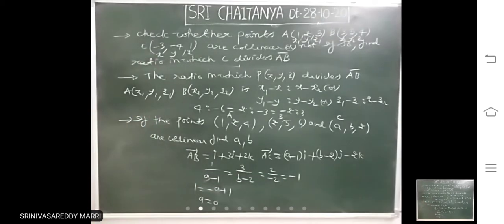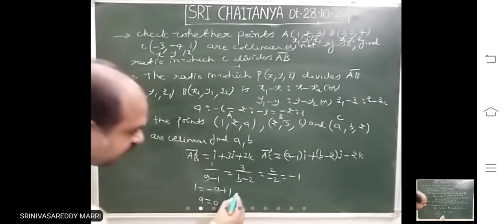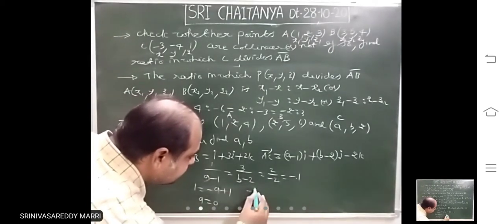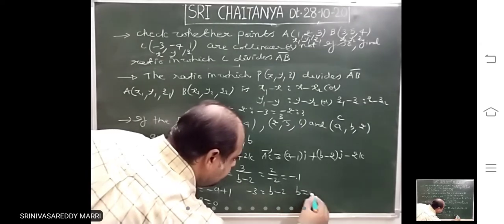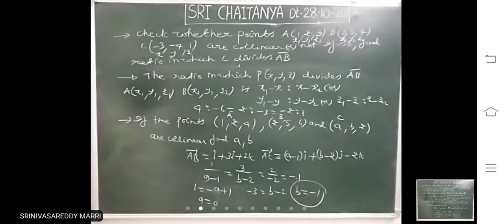Equate this to this: minus 3 equal to B minus 2. B is what? Minus 1. So A value is 0. B value is minus 1. Like that, the problem will be converted into vectors.